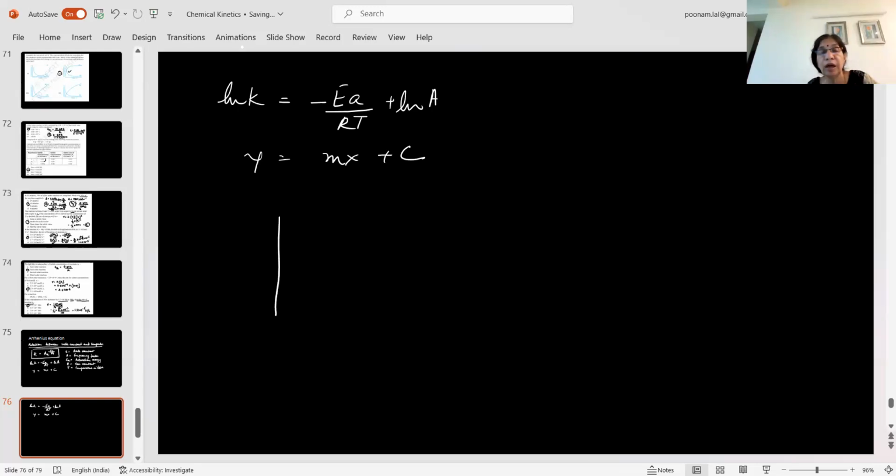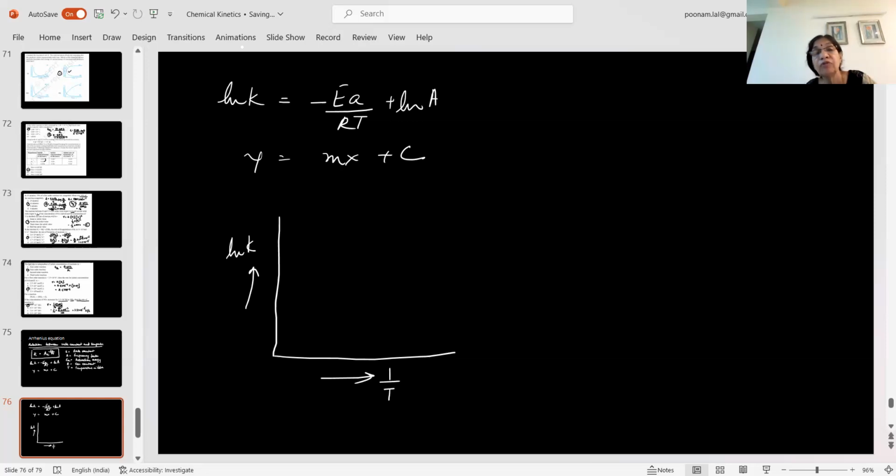If I plot a graph here, what will I take on the y-axis? On the y-axis, I will take ln K. And what will I take on the x-axis? 1 by T.